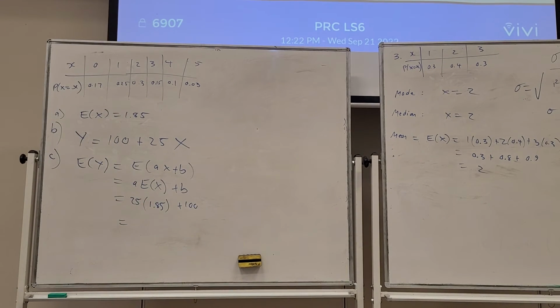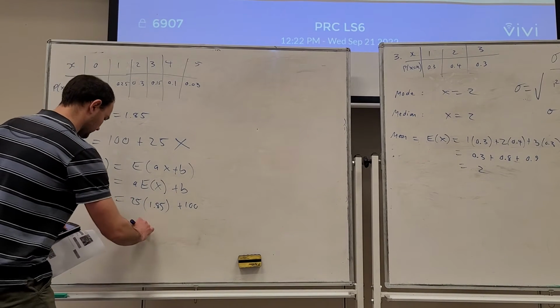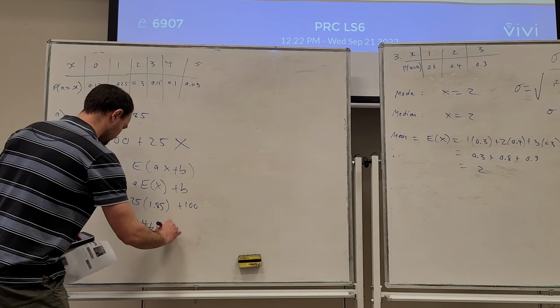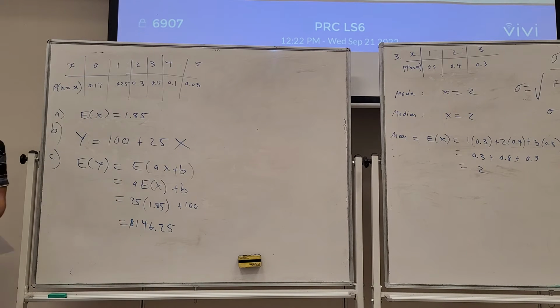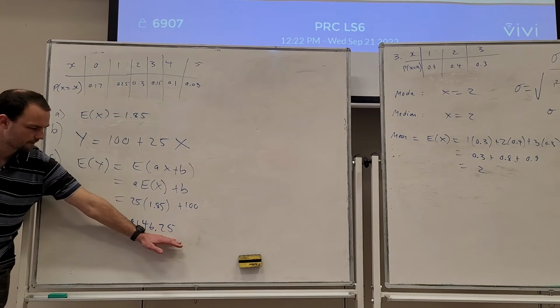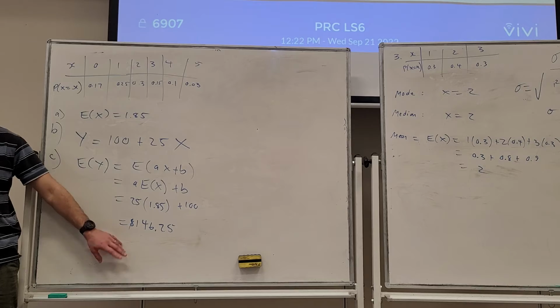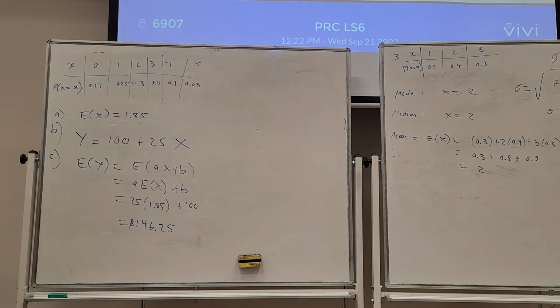So when you mash that, you get 146.25. So that's what that exercise is pointing out, the link between two variables, and that we can arrive at the properties of variable Y using an analysis of the variable X. Splendid. On to number 5.